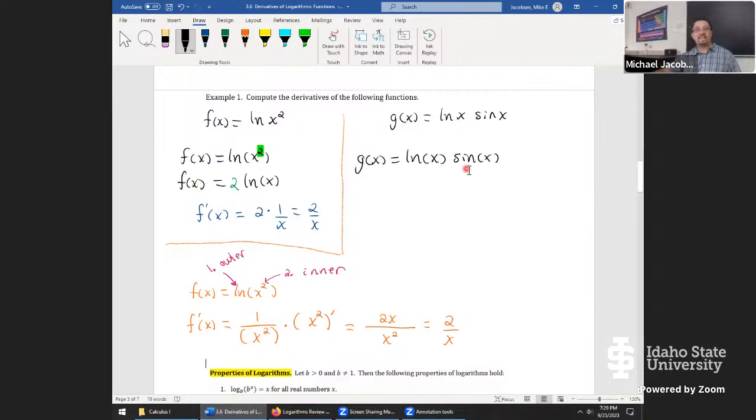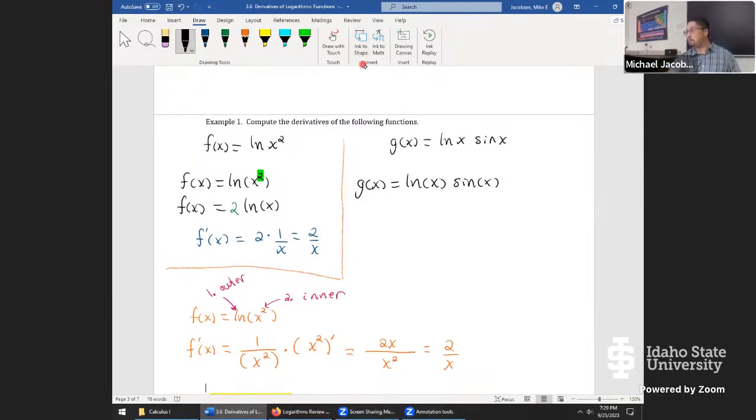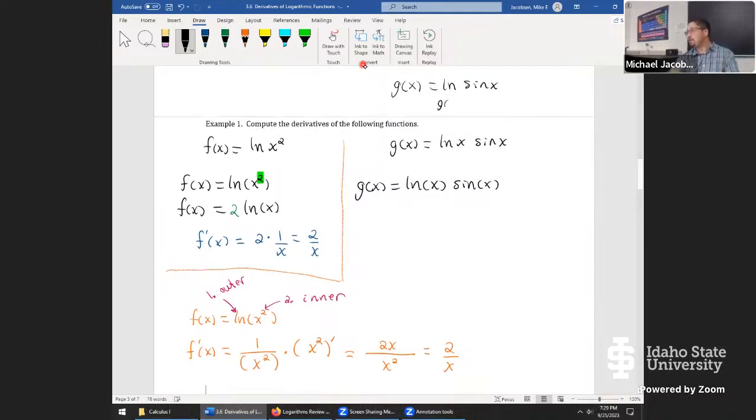And notice this is really kind of nasty in a way. I'm going to delete this in a moment, but if g of x was written as natural log sine x, that's a completely different function. What they would have meant here is g of x is the natural log of input sine x. But down here, if there's an x here and an x here, that's a product rule. Whereas up here, this one is a chain rule.